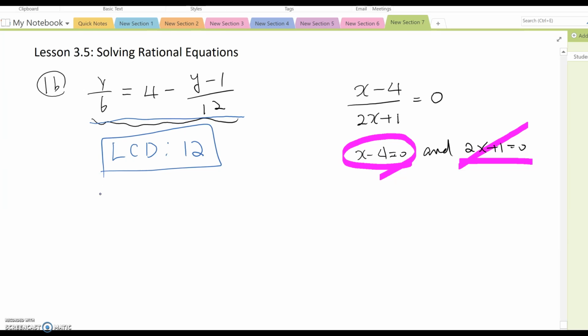So you multiply 12 to each term, so 12 times y over 6 equal to 4 times 12 minus 12 times y minus 1 over 12. And simplify, then this becomes 2.